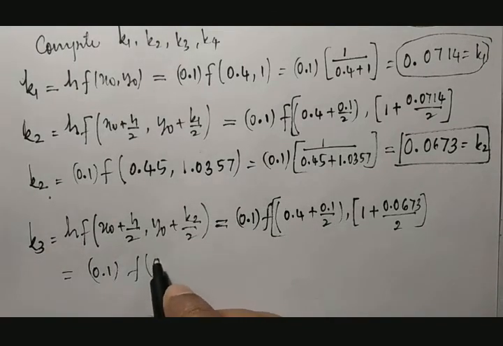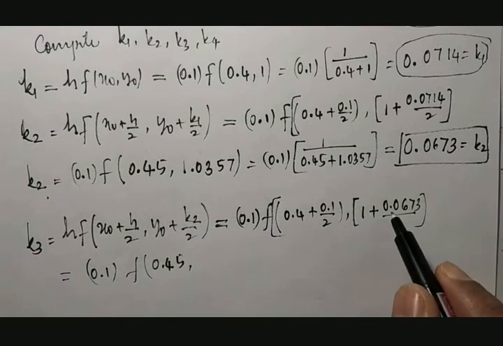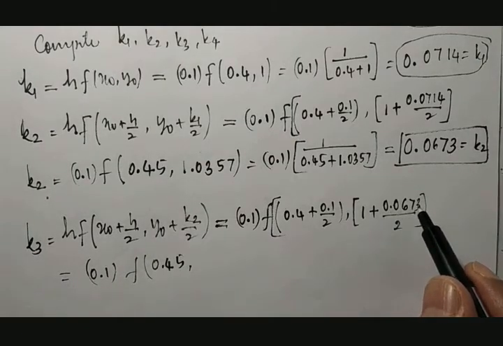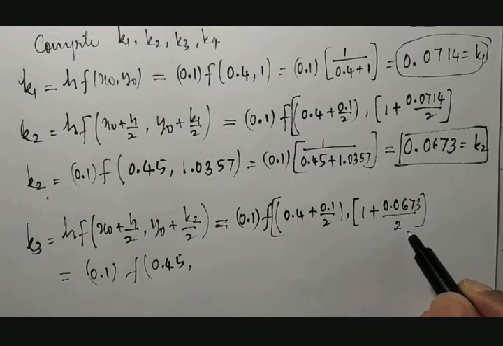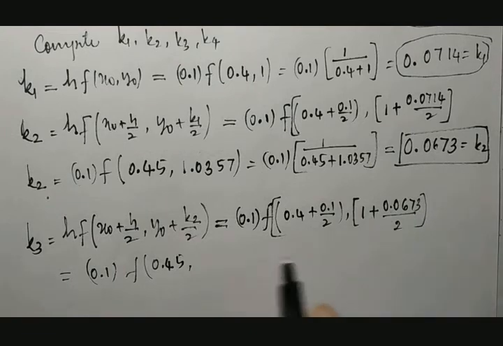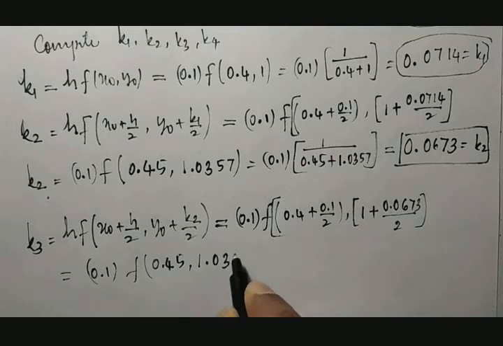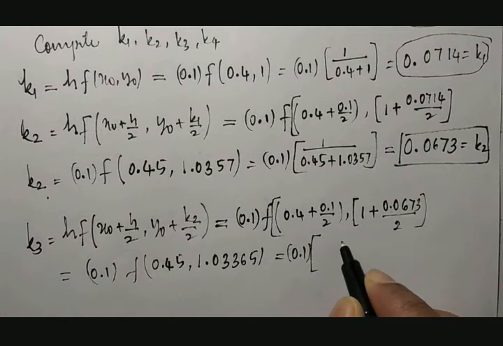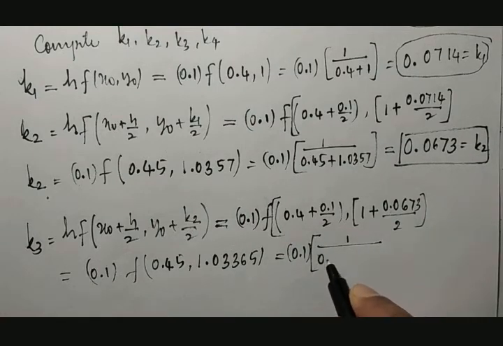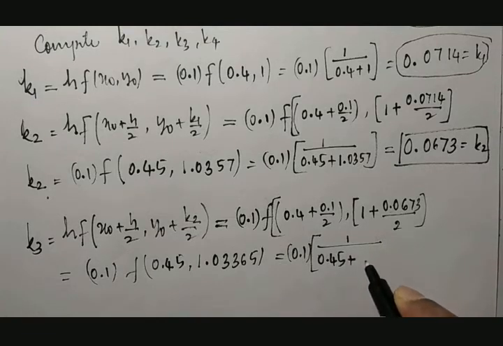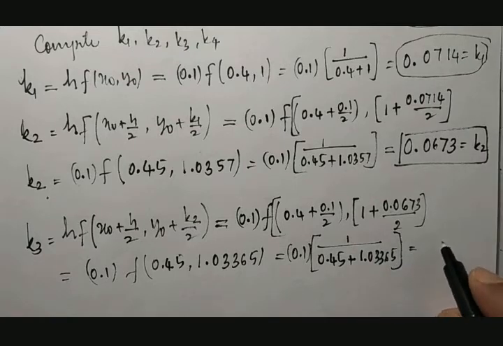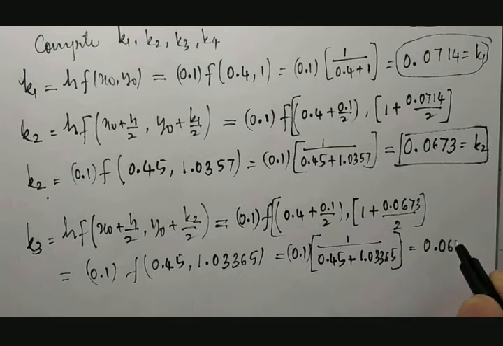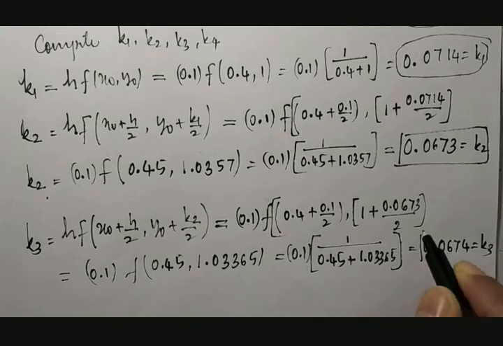This is again the same, 0.45, comma 0.0673 divided by 2, this will be 0.0335. That plus 1 will be 1.0335. Okay, which is equal to 0.1 into the function, 1 divided by x, that is 0.45, plus y, that is 1.0335, which is equal to 0.0674. This is K3.